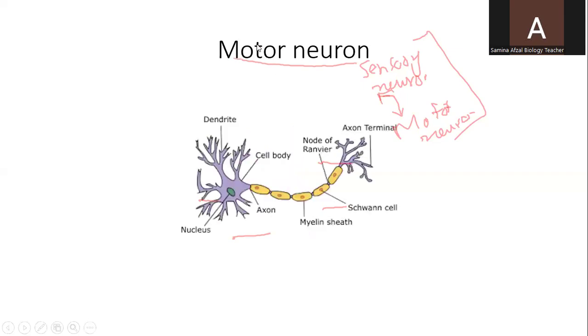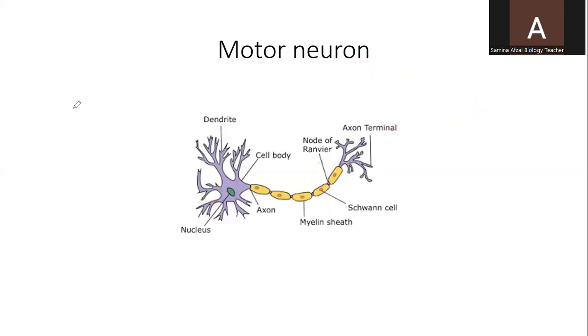The third type of neuron takes the messages from the central nervous system towards the effectors.